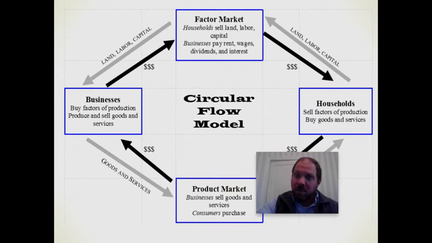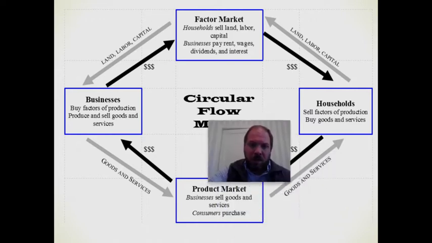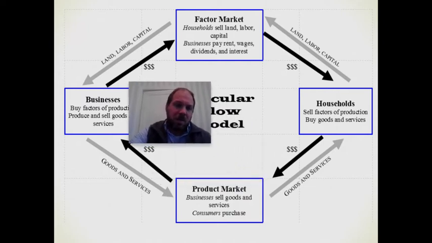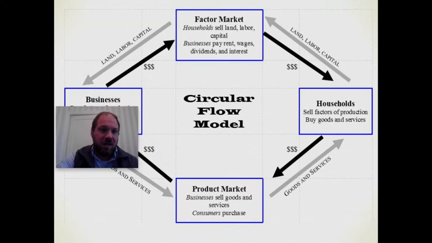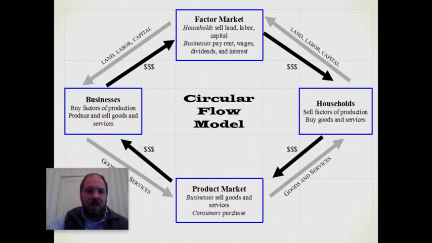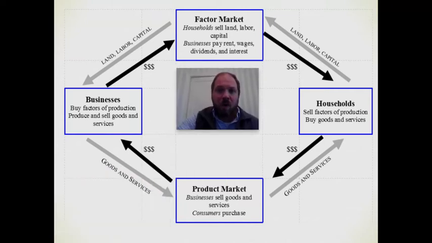I will use that money in the product market right here where I purchase something. Maybe I go to Walmart and buy a new TV with my paycheck. And with that, the businesses are using the money that I spent on the TV, right? And they are using that money to pay for more of their own workers.